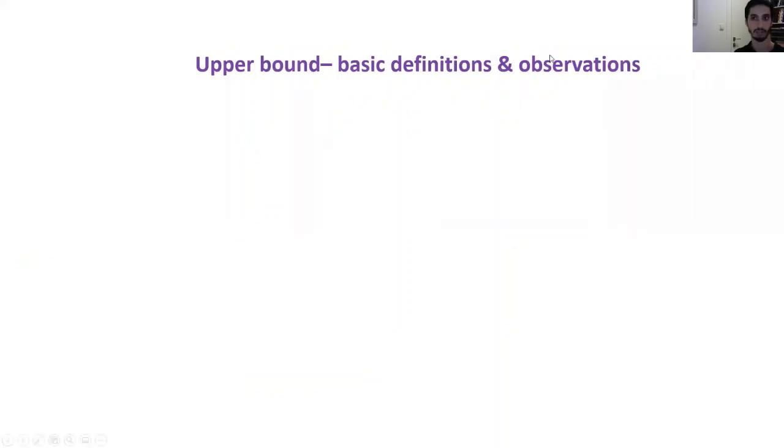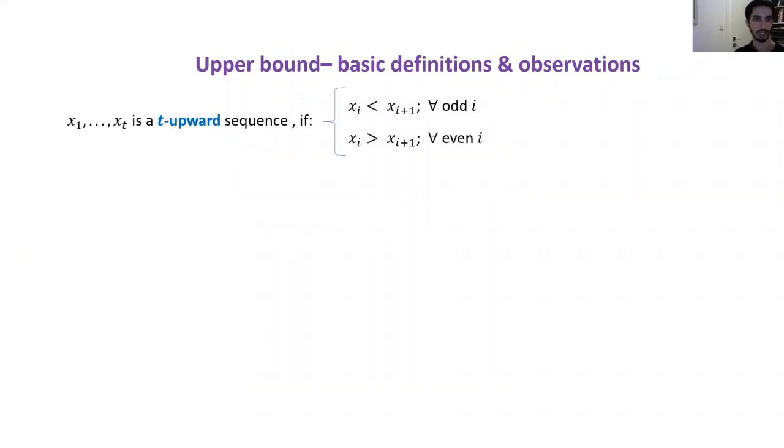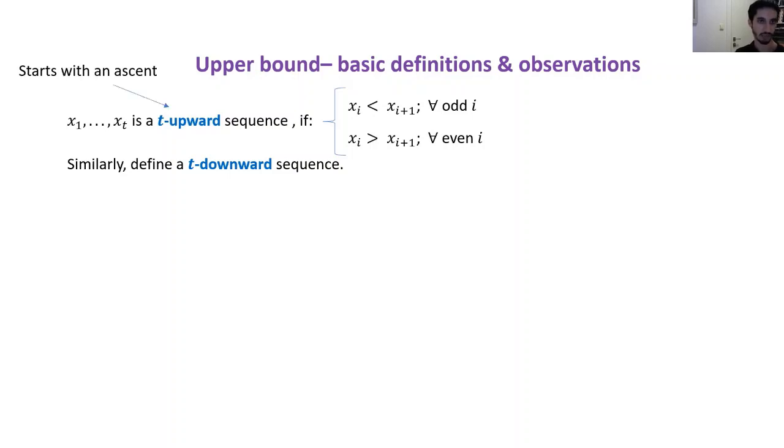I will now share some of our observations and techniques. For an integer t, x1 to xt is said to be a t upward sequence if xi is smaller than xi plus 1 for every odd index i, and xi is bigger than xi plus 1 for every even index i. And similarly, we can define a t downward sequence. It just starts with a descent instead of an ascent.